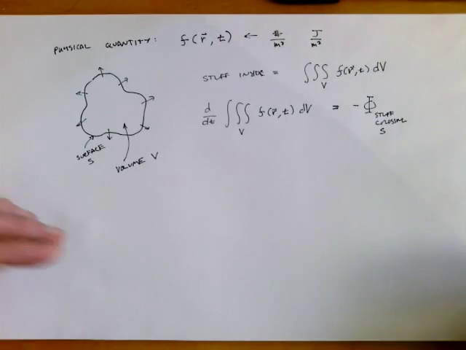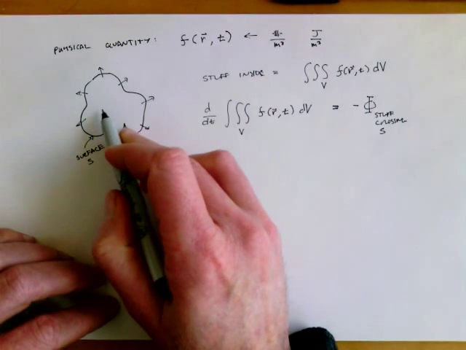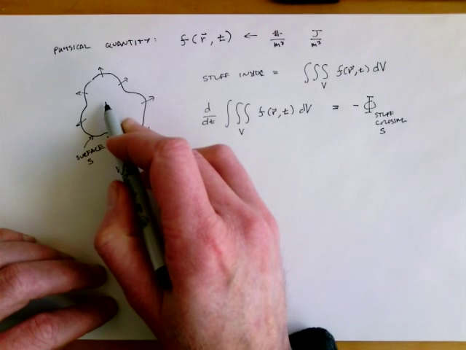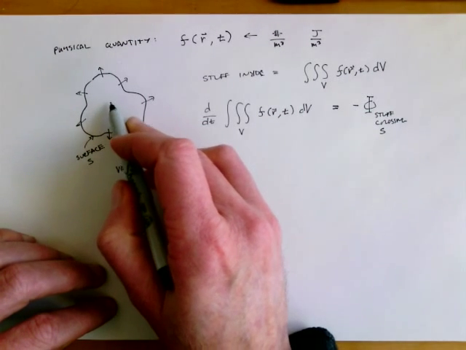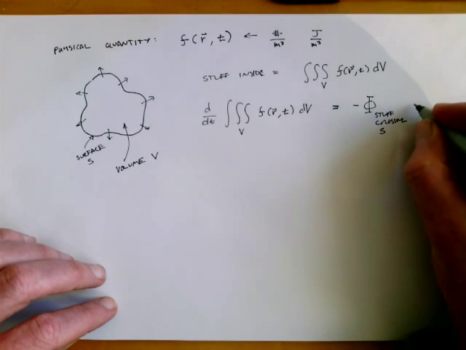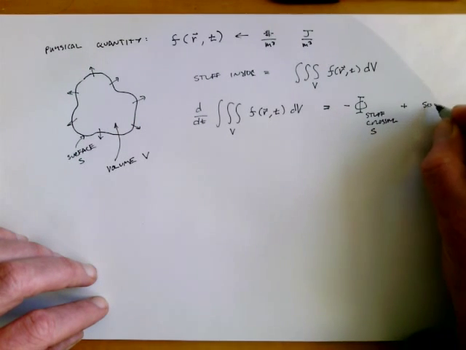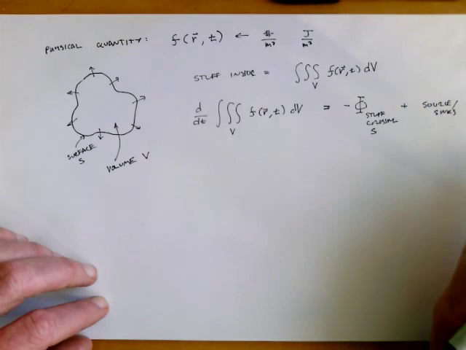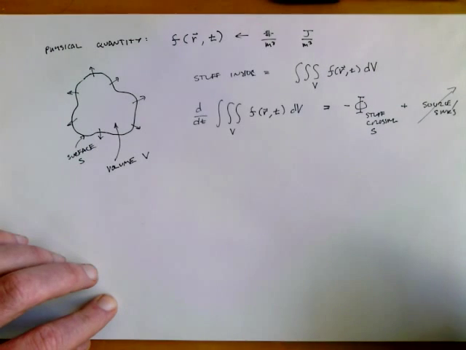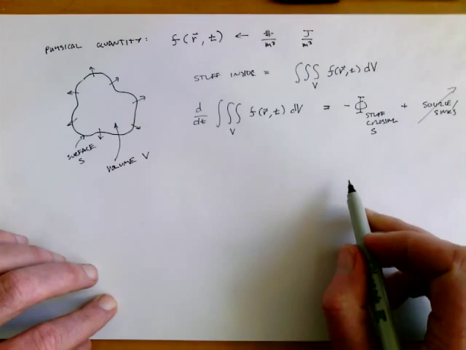And of course, another thing that could be happening is I could have some generation or destruction processes going on inside, right? Maybe there's some chemical process that's creating more particles or that's creating more thermal energy inside. So I could also have some other terms here to represent sources or sinks. And I won't talk about those right now, so we're just going to pretend that we don't have that going on at this point. Okay?